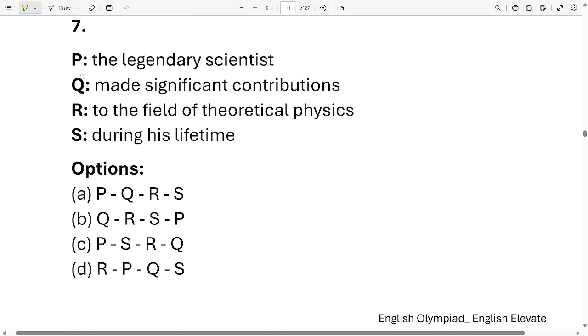Okay, these are your four sets of sentences. The legendary scientist made significant contribution to the field of theoretical physics during his lifetime. These are the four sentences. Rearrange it.